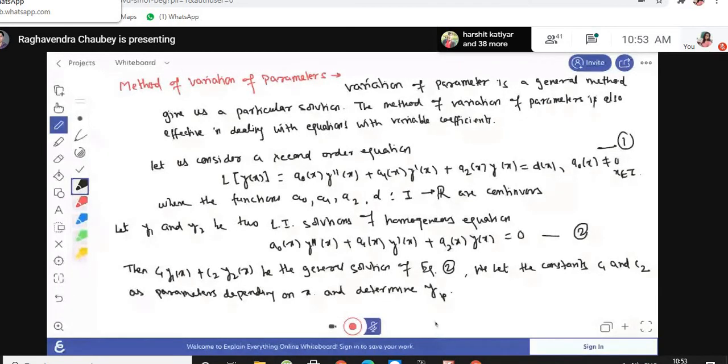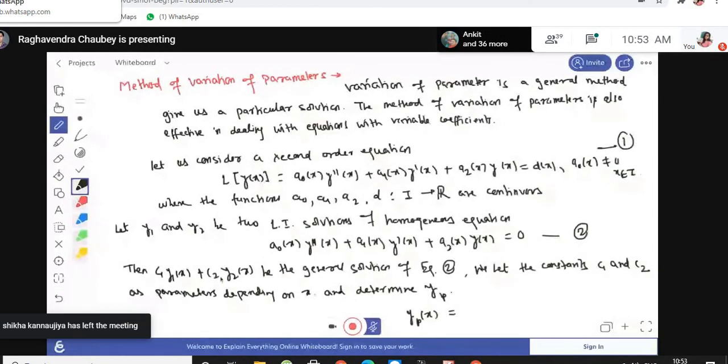So how can you find yp? Here we take yp, which is a function of x, and we replace the general solution of the homogeneous equation. We are trying to find the particular solution of the given equation 1. So here we replace C1 and C2.